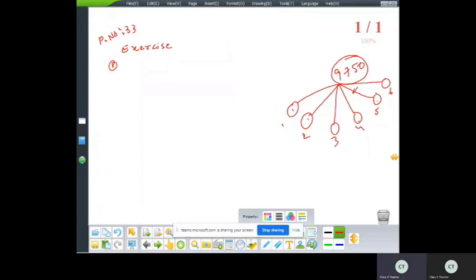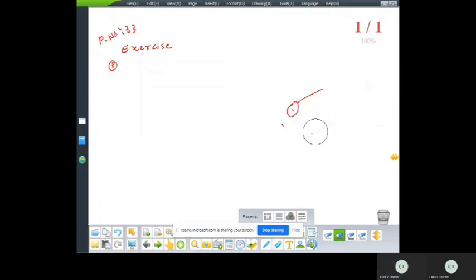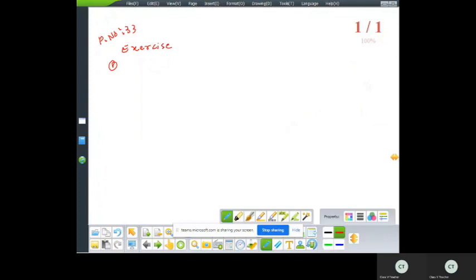I read the solution. Valli took a loan. How much loan? Rupees 9,750. She has to pay it back in equal amounts in 6 months.